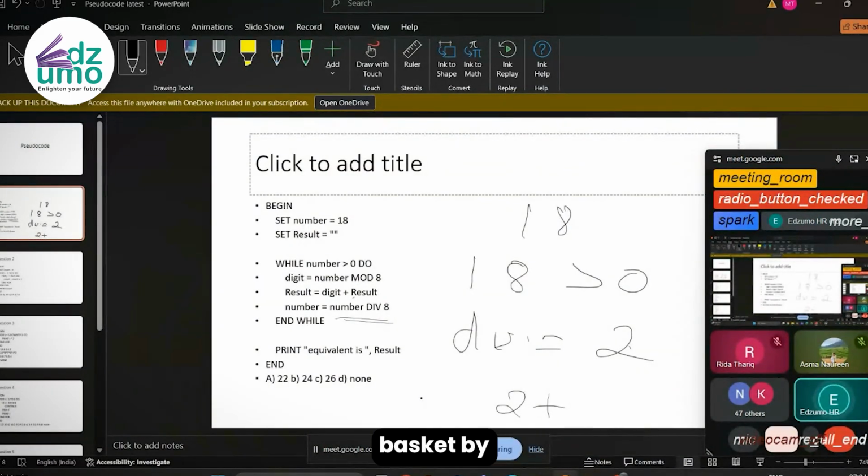This is syntax in Pascal. Div will give quotient, mod will give remainder. So again here the quotient is 2. Understood? So number is equal to 2 and digit is equal to 2.